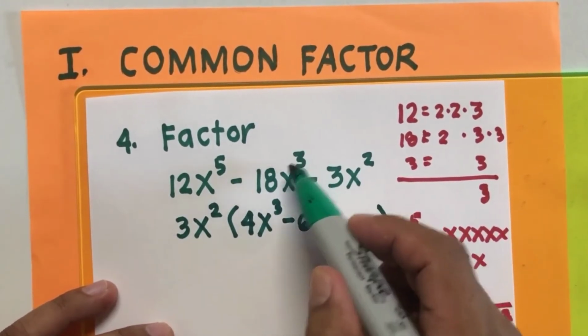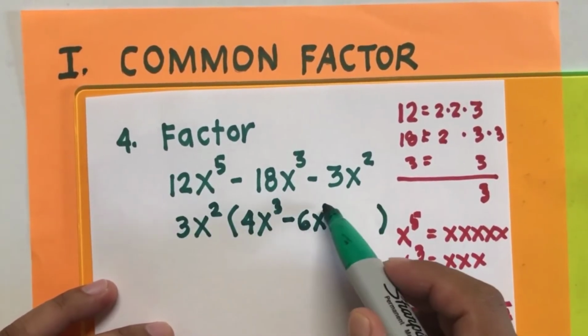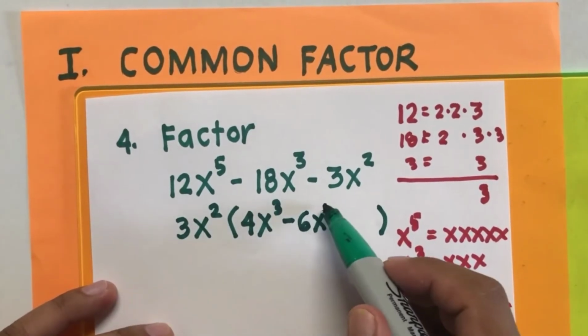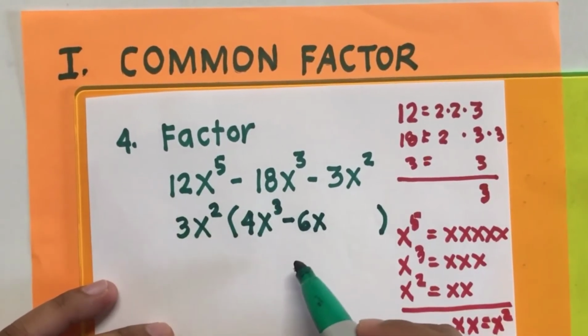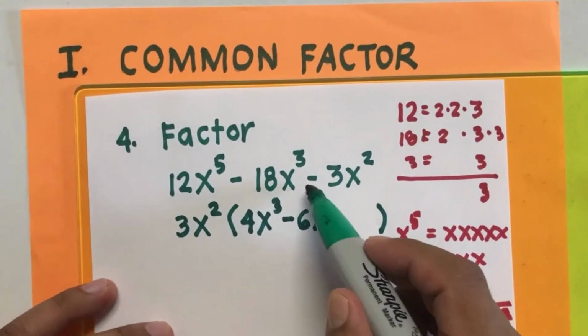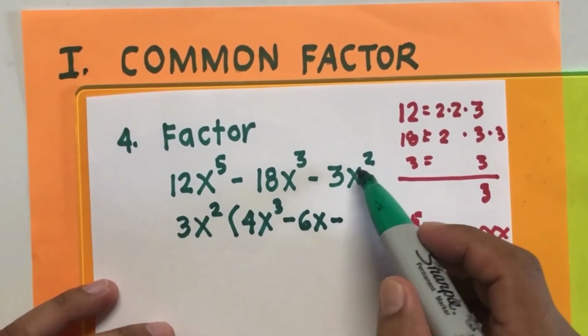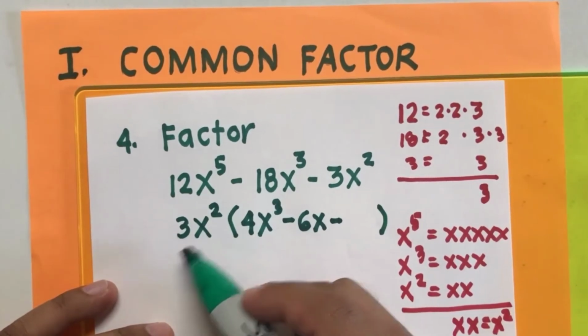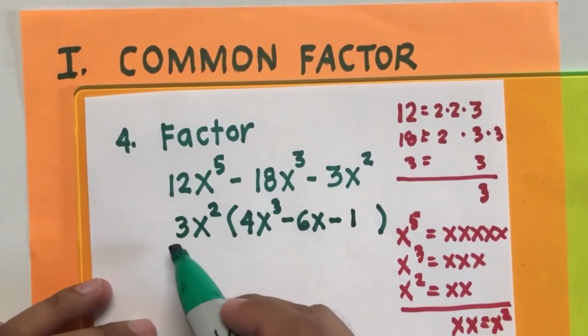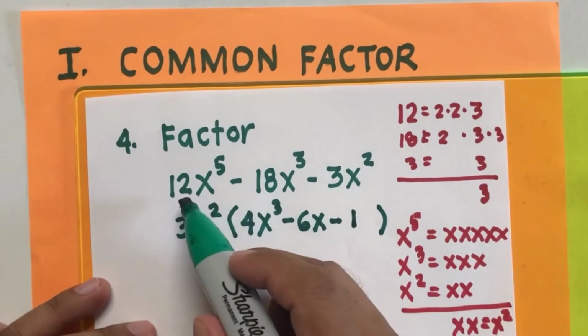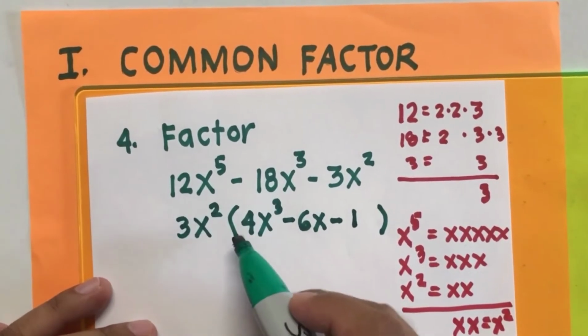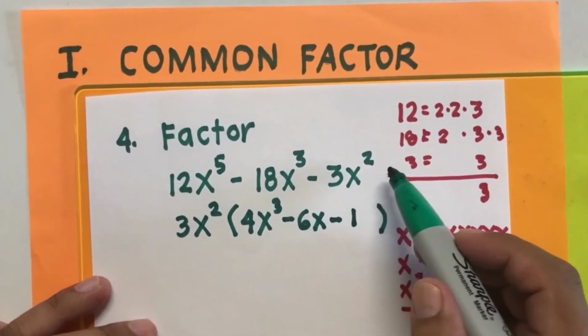Again, you just subtract 3 minus 2 to get an exponent 1. When the exponent is 1, we do not have to write that 1 anymore. It's already understood. Then copy the minus sign. 3 divided by 3 is 1. X squared divided by x squared is 1. And 1 times 1 is 1. So these are now the factors of the given expression 12x to the 5th minus 18x cubed minus 3x squared.